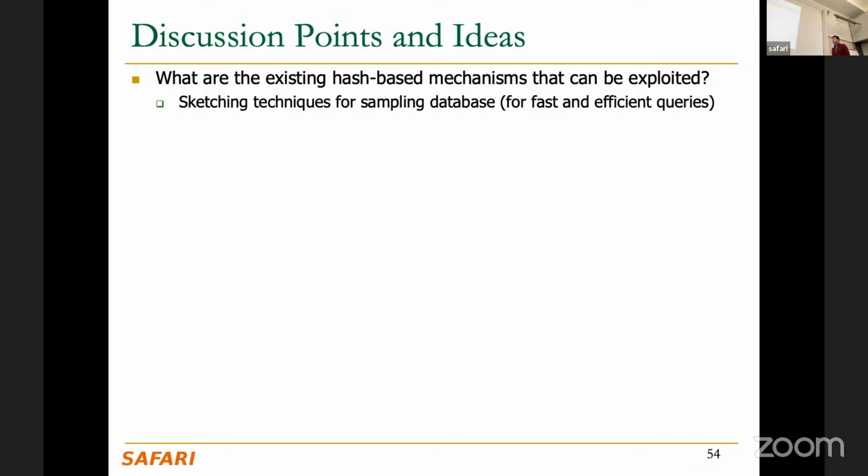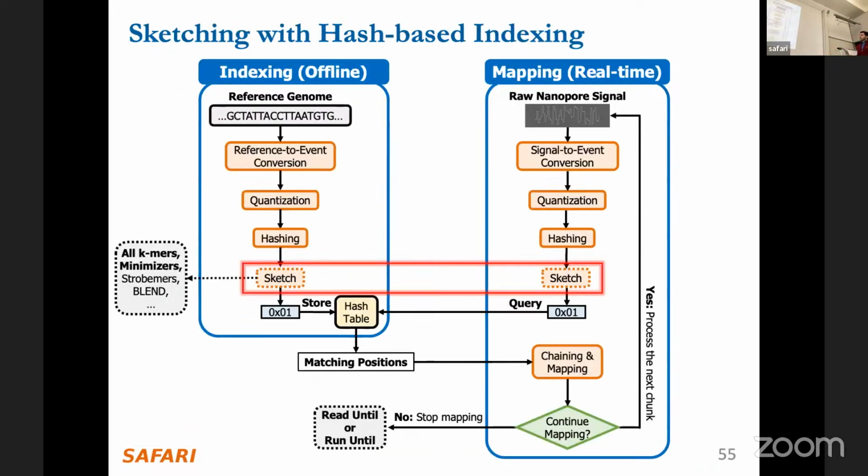So one particular answer is the sketching techniques for a sampling database, right? So there are certain sampling approaches that simply do not take all k-mers, but a certain subset of k-mers, so that you can reduce your database sizes and still improve the performance due to the reduced database size. And this can basically be imagined by placing the sketching technique right after hashing.